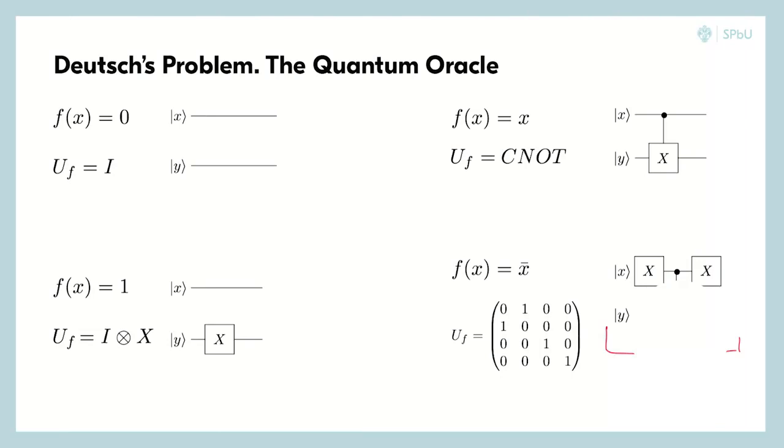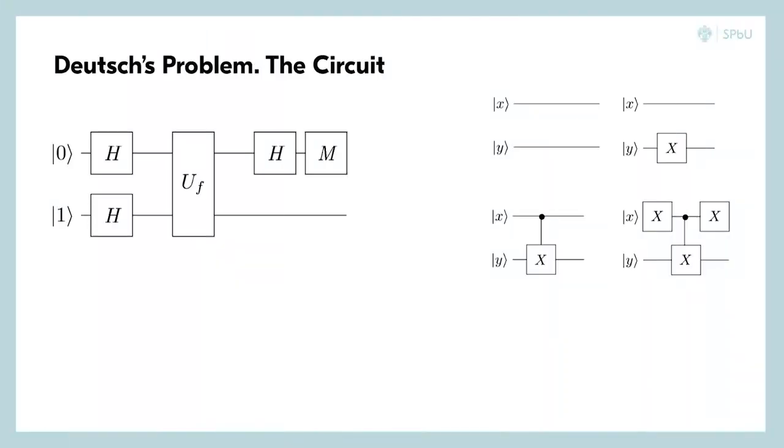Now let's proceed to the algorithm. So here is the circuit scheme of the Deutsch algorithm. As you can see, we pass 0 to the most significant qubit, the argument qubit, and to the value qubit we pass 1. Then we apply Hadamard, and only after that we apply our quantum oracle, quantum black box, in which sits one of these things here, but we don't know which one.